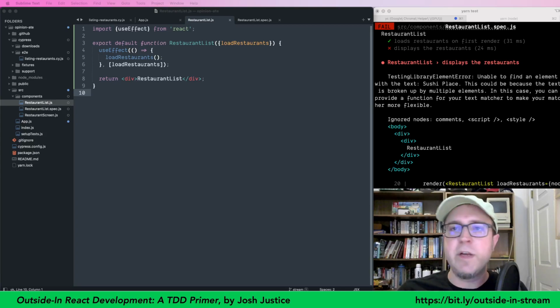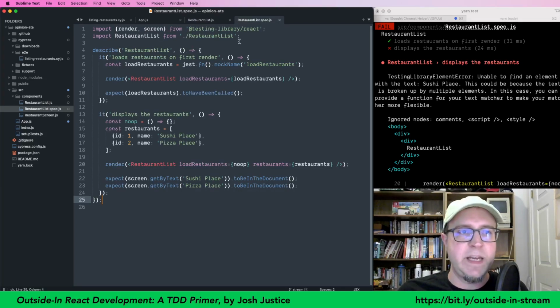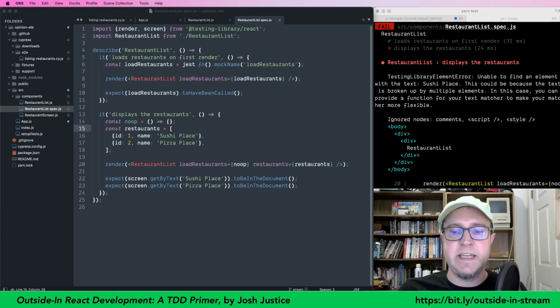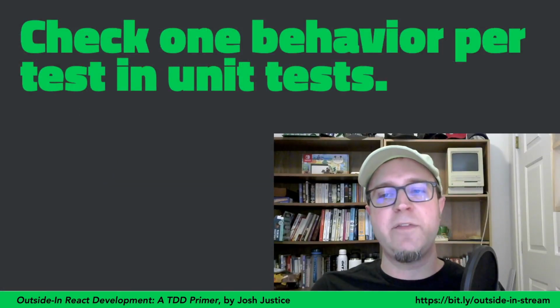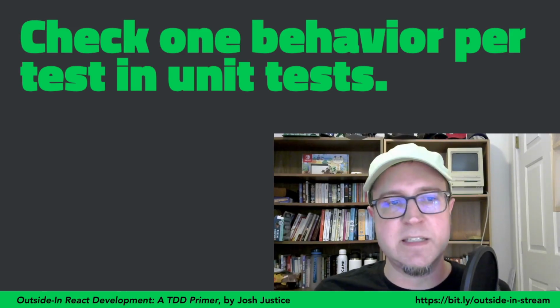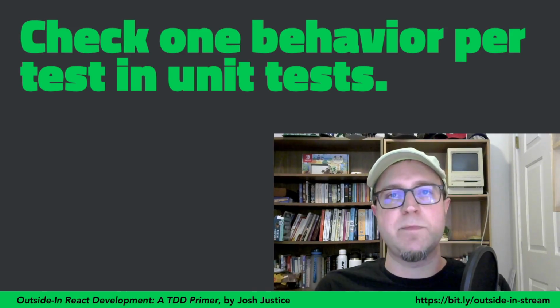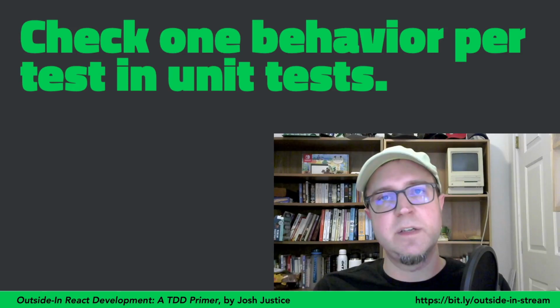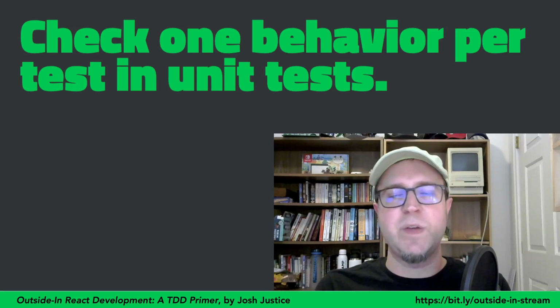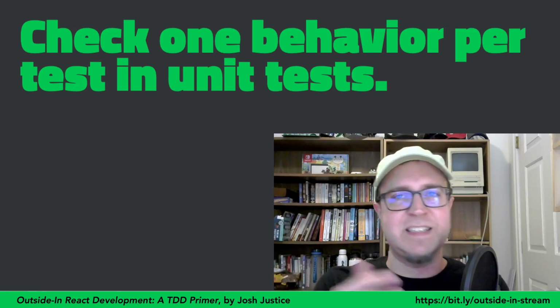I do want to make one note here about a principle that's come up. "Loads restaurants on first render" and "displays the restaurants": we could have tested that all in one long test, but there's a general testing approach that's also followed a lot in TDD called check one behavior per test in unit tests. Sometimes this is described as make one assertion per test. In Jest we use expect rather than assert, but it's a similar principle.